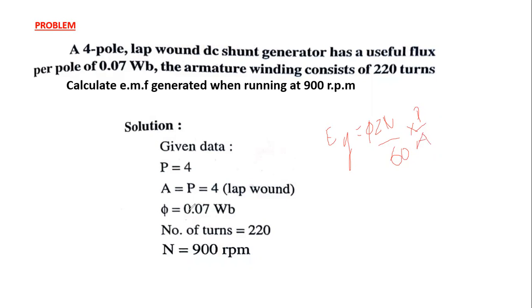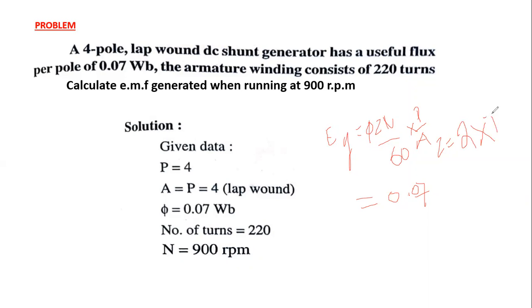In the question we have P, that is 4 poles. Therefore EG is equal to, flux phi is 0.07. Then we calculate the Z value. In the question we have the number of turns. The formula for Z is 2 into the number of turns.